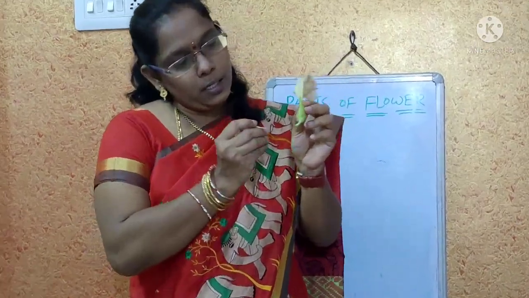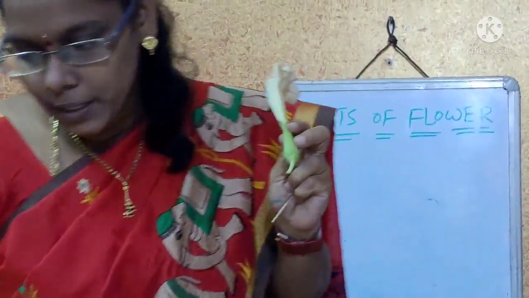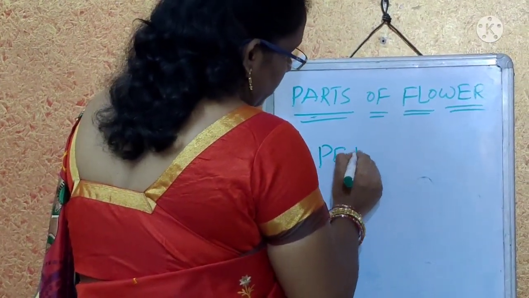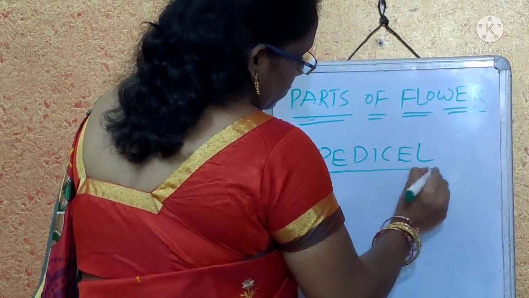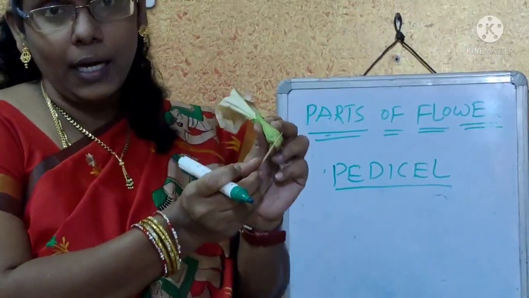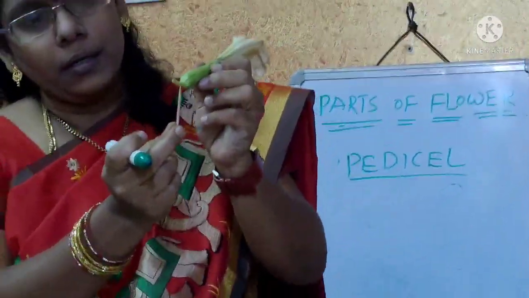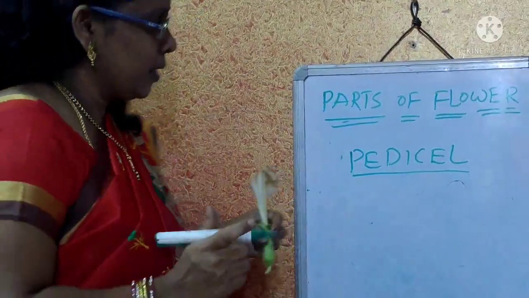Flower has a stalk called pedicel. Okay children, this is the pedicel. The upper swollen part of the pedicel is called thalamus.